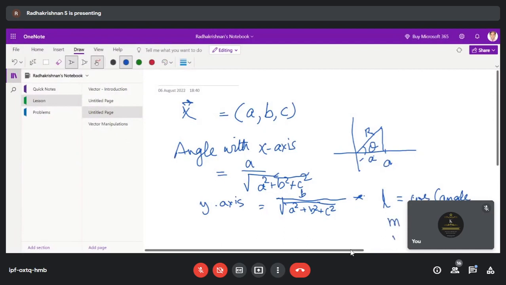Similarly, m and n with the y-axis and the z-axis. So these three, l, m, n, are called the direction cosines. They define the direction of the vector. Is that clear? Anybody has any questions? Please stop me.